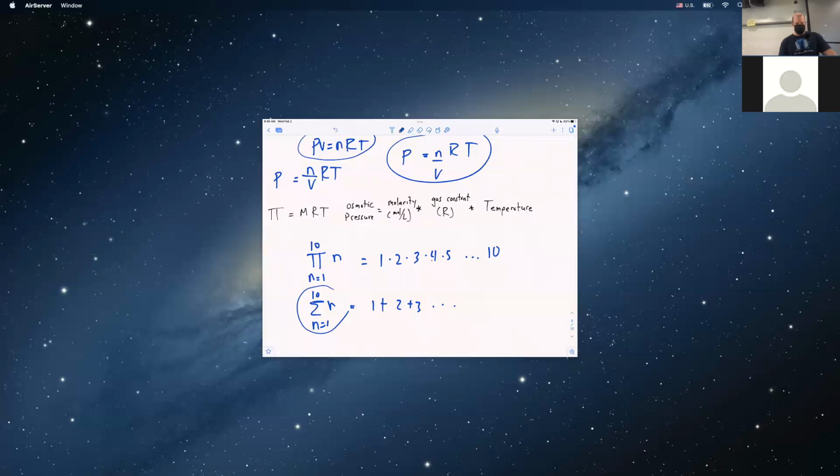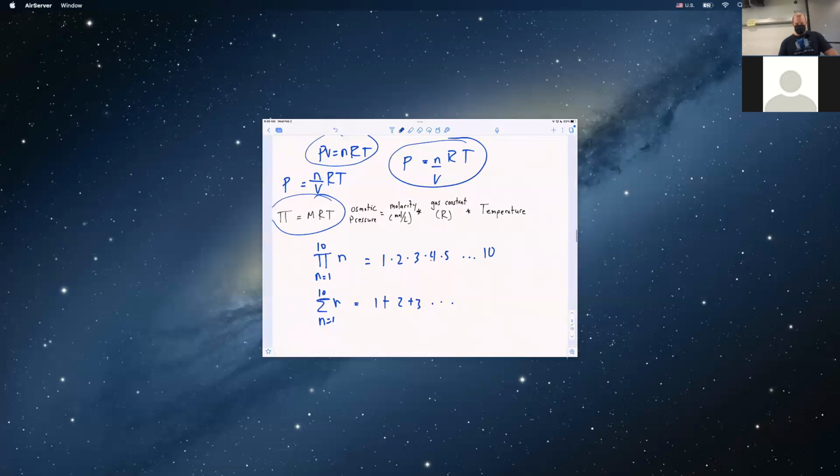You've probably seen capital sigma, like the sum from 1 to 10 of n is 1 plus 2 plus 3, and so on. If we had a mathematician in this class, is anyone here a mathematician? No mathematicians. If you ask a mathematician, what's the capital pi? They'd say, well, what are your bounds? So this is what they mean. Just be careful about the context. But the context for chemistry is that pi is the osmotic pressure.